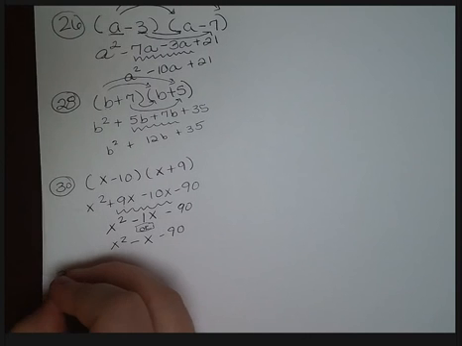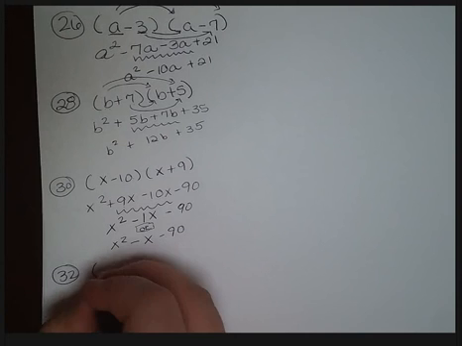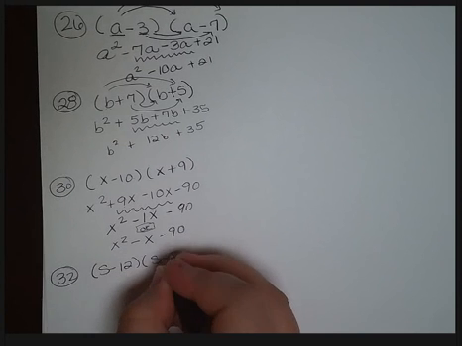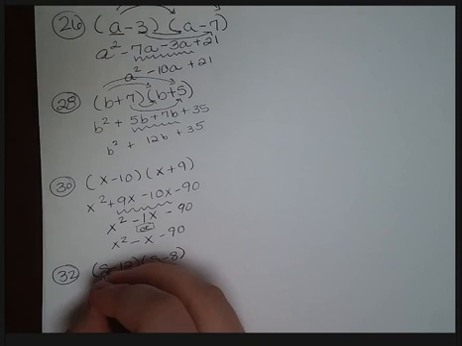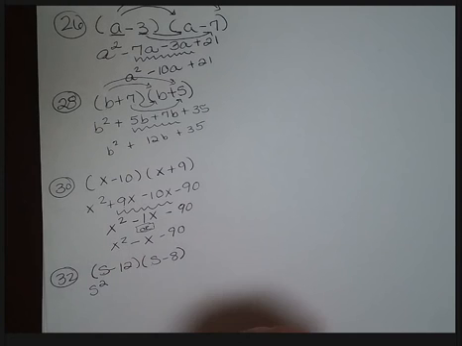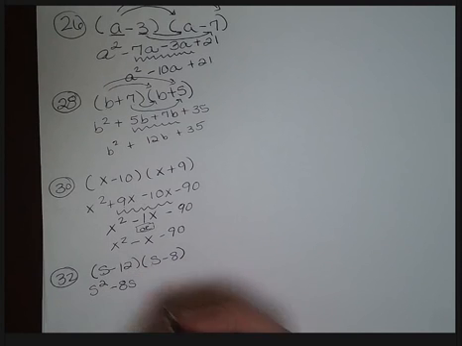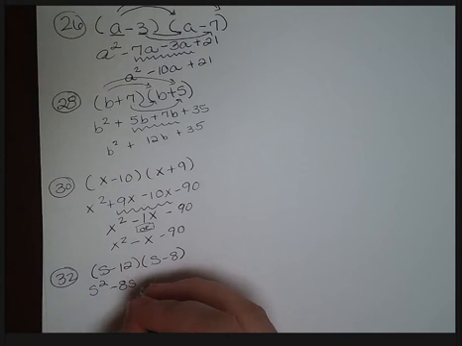Number 32, s minus 12 times s minus 8. Okay, so s times s gives me s squared. S times negative 8 gives me negative 8s. Negative 12 times s gives me negative 12s.